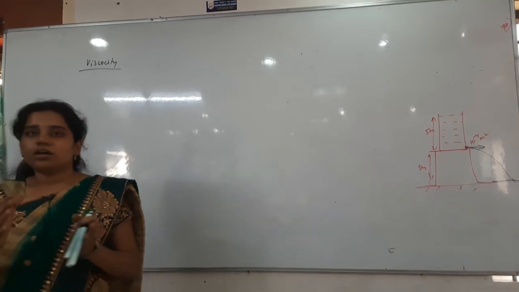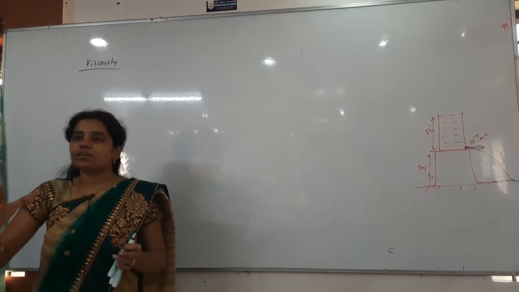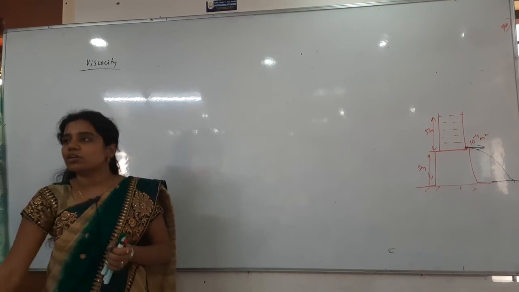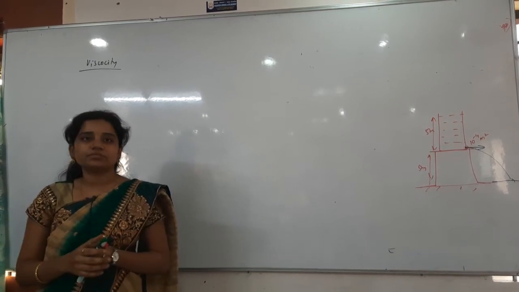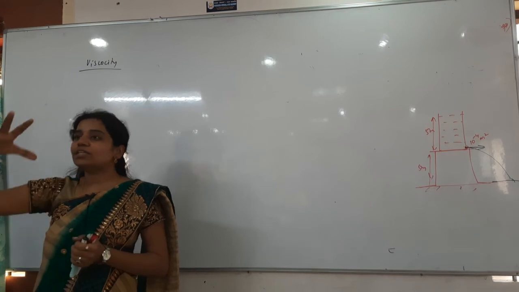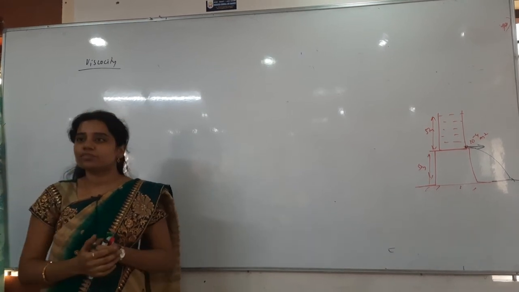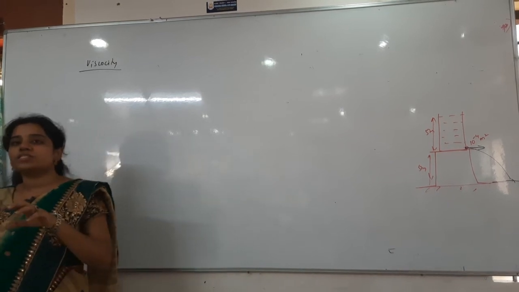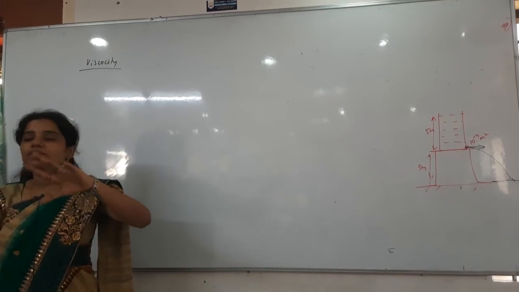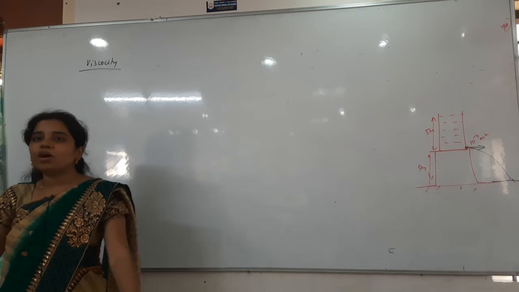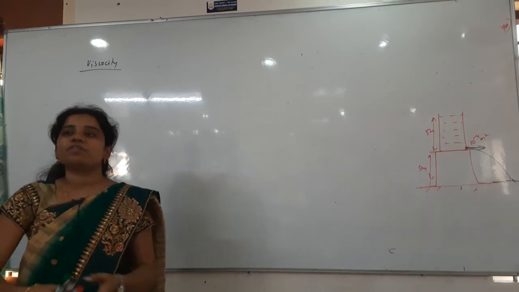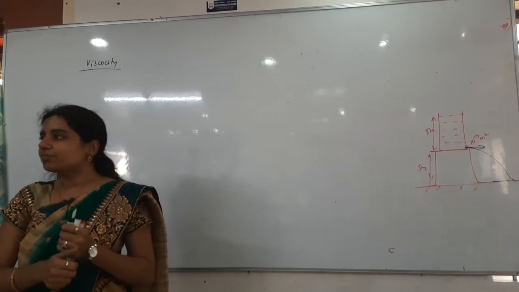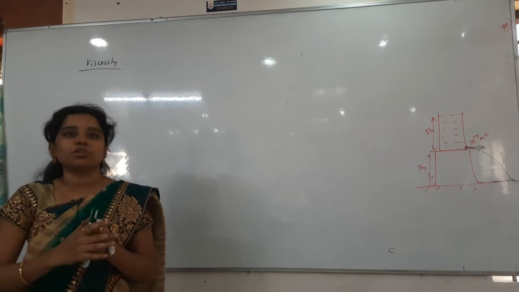The water near the ground will be still, it will not flow. Water on the top surface will be flowing. Only the top layers have more velocity, and the bottom layers near the ground have still water, with velocity almost zero.